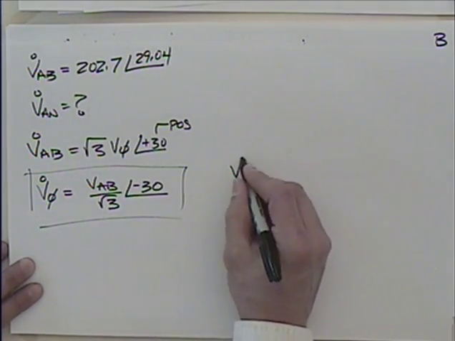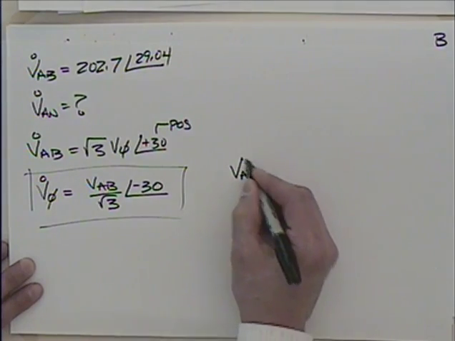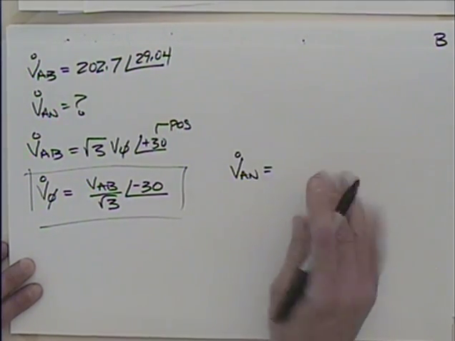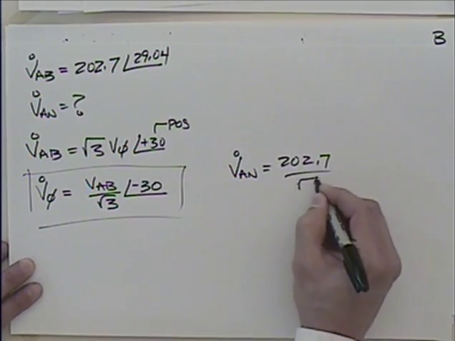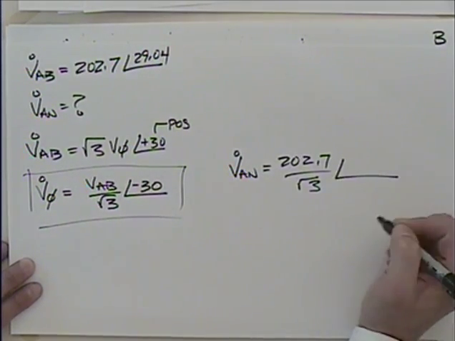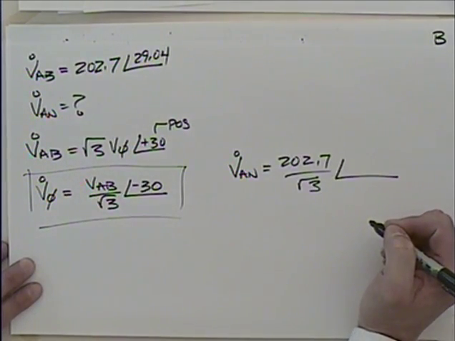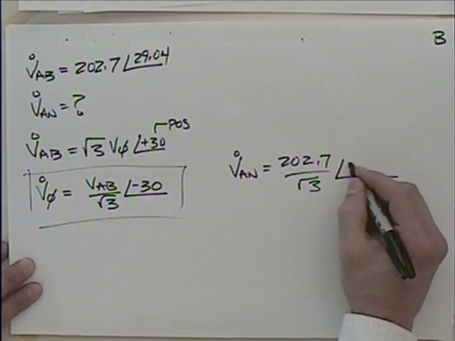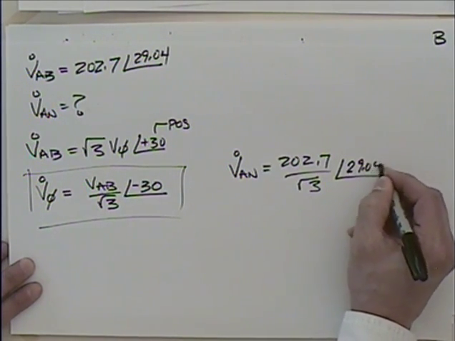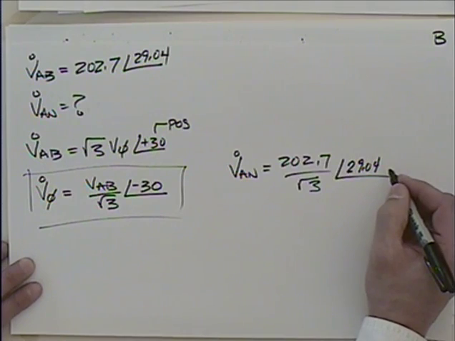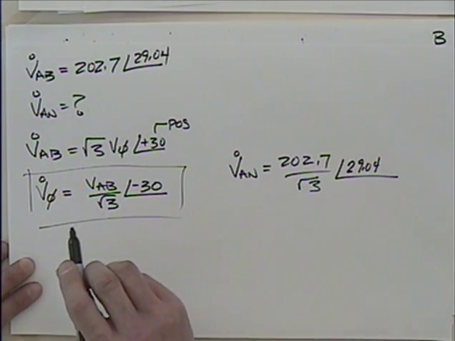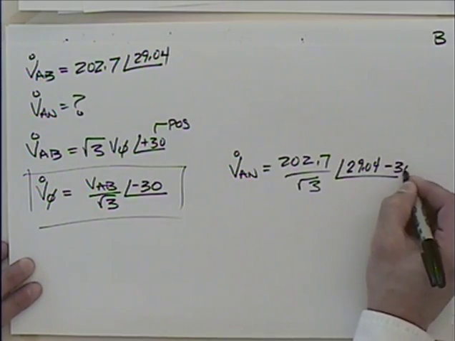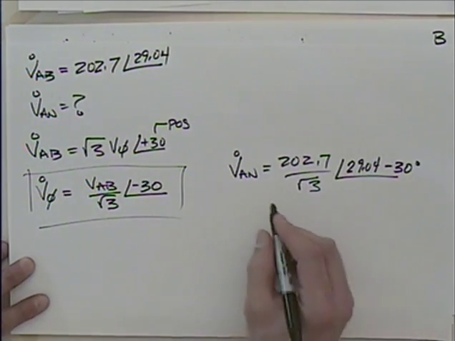So therefore voltage AN is going to be equal to AB, 202.7 divided by the square root of 3 at an angle of 29.04 minus 30. So I got the negative there.